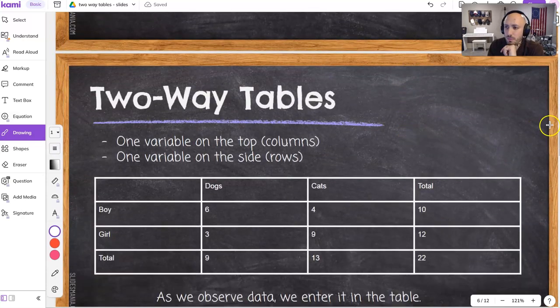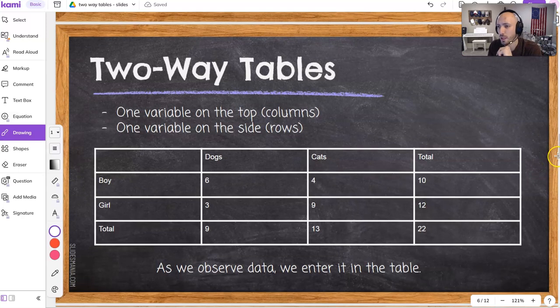So here's an example of what a two-way table might look like. So for example, the scenario where we were surveying pet preference in dogs or cats, well, if we were interested in whether boys prefer dogs or cats and how the preference differs with girls, we could also add gender as a variable here as well.